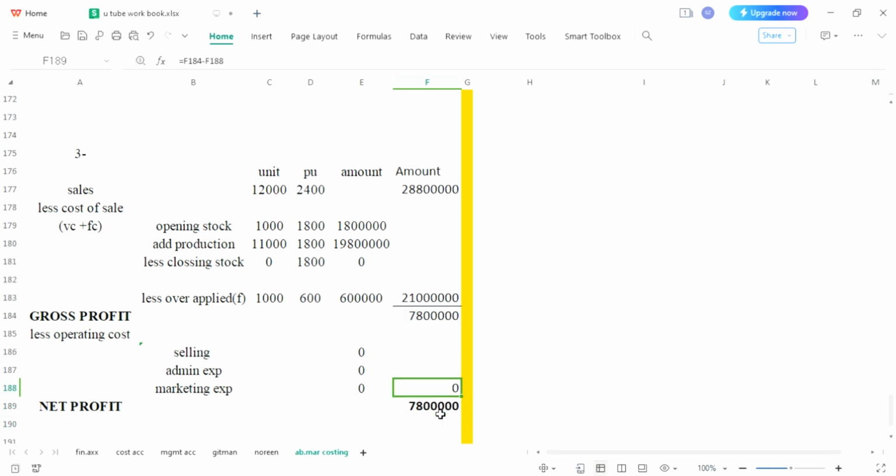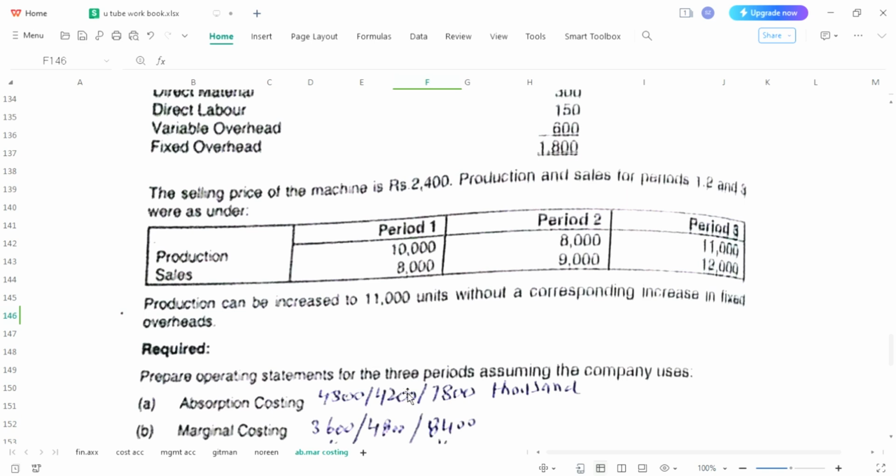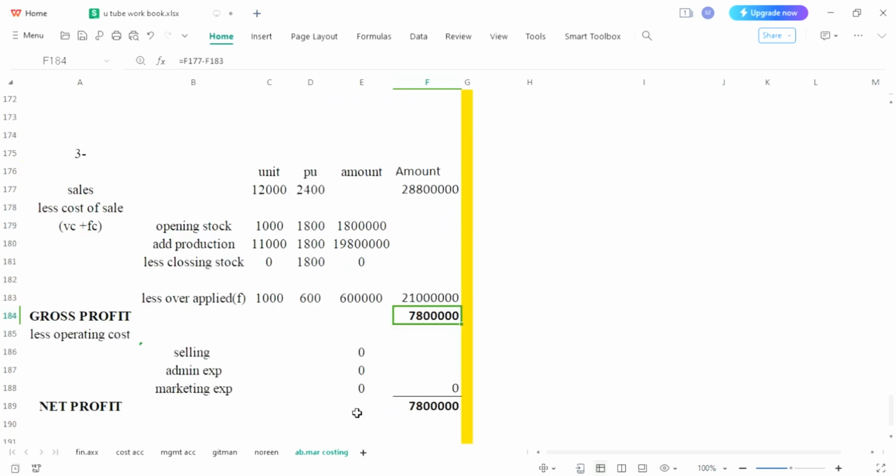So we have got our net margin, which is 7800,000, and that is the answer we have now. Okay guys, in this way our third part is also completed, and we can mark it as done. So in this way, all parts of absorption costing have been completed.